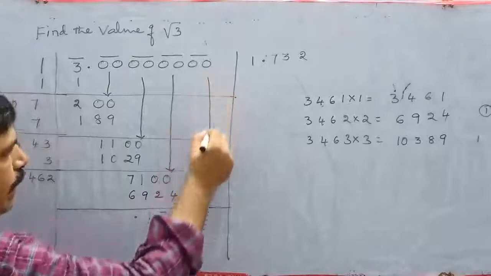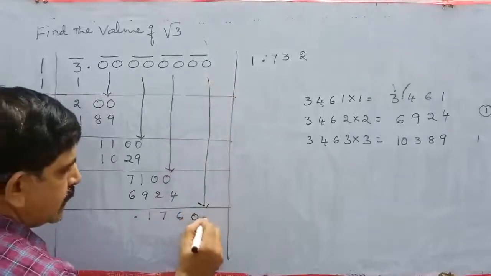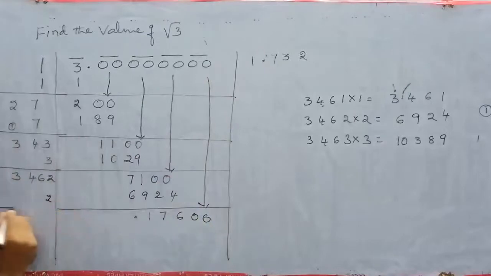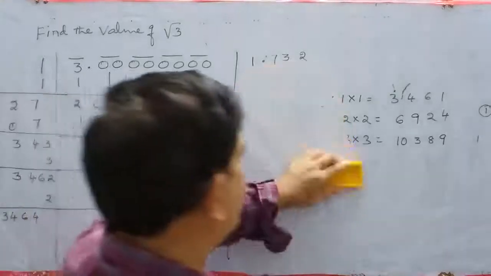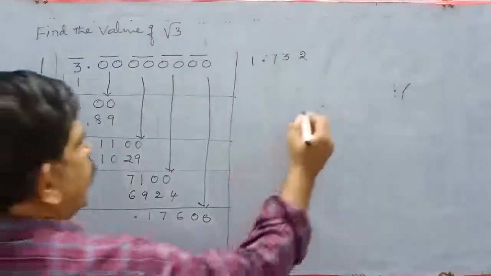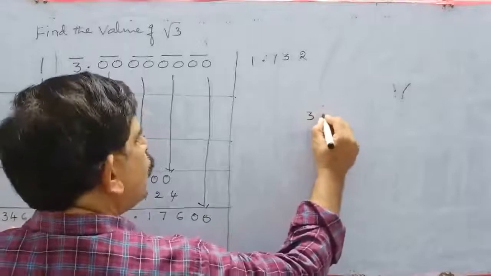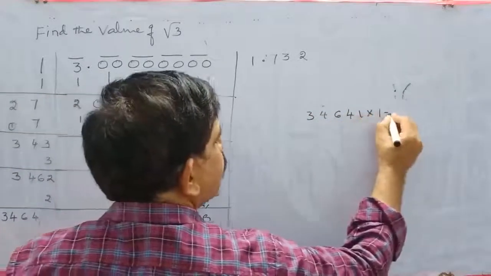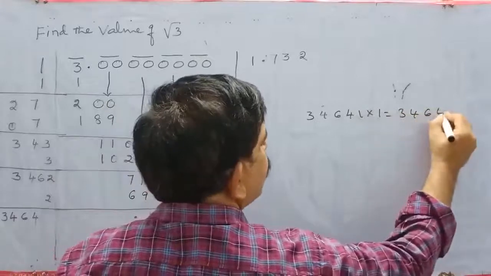Next we take 2 digits. Next to double this one. How much we get? 3 4 6 4. Okay. Now 3 4 6 4 1 into 1 is equal to 3 4 6 4 1.